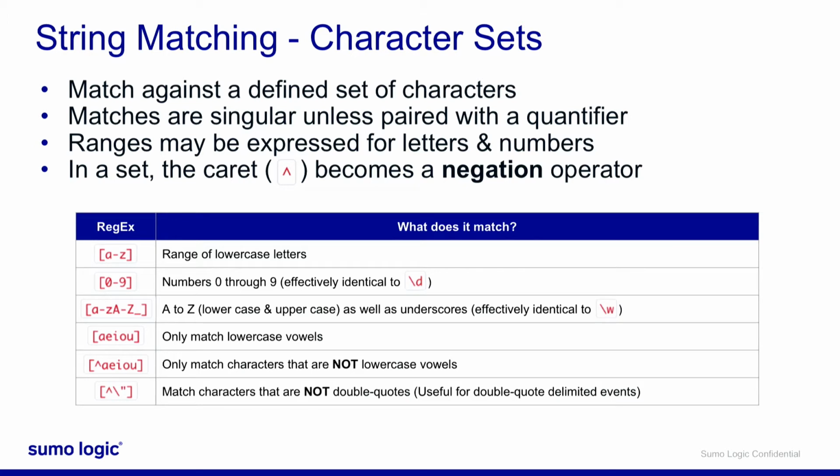Character sets. This is where you want to match against a defined set of characters. This is why we can't use the square bracket as a literal. So for instance, a-z, you want to match all lowercase letters. Now, I'll skip down to the third one there, capital A to Z, and the underscore.